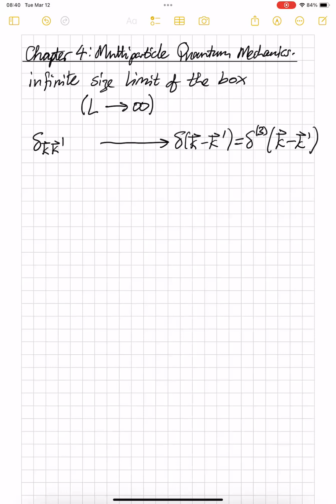It's just some idiosyncrasy of my own notation. I'll never take them to mean something different. Then discrete sums over k in the box will go into integrals over continuous momenta.